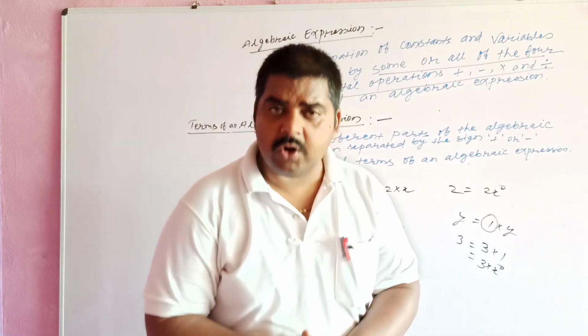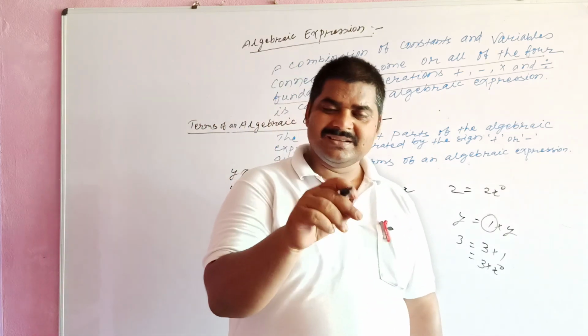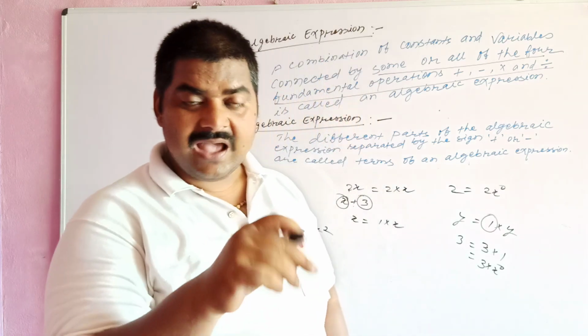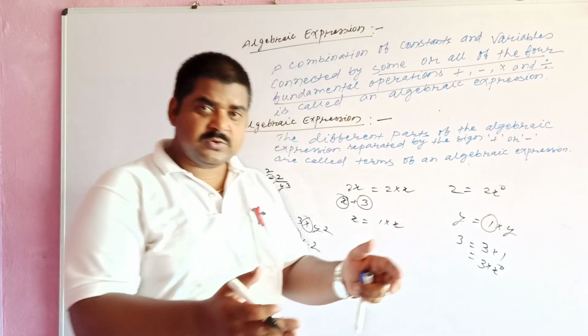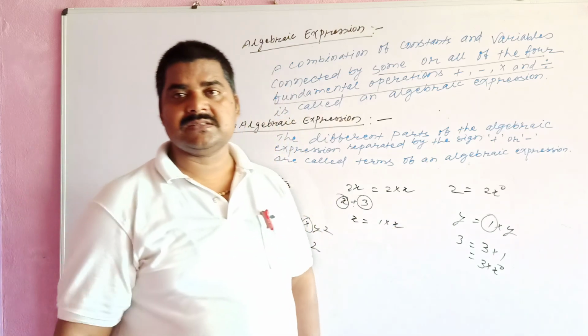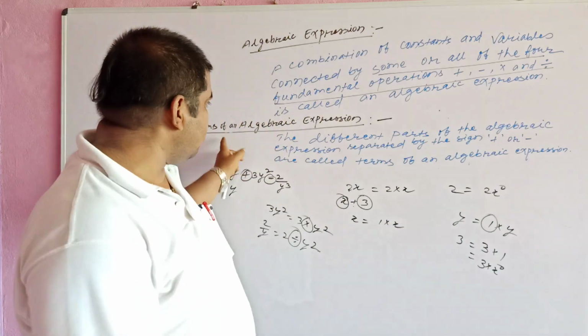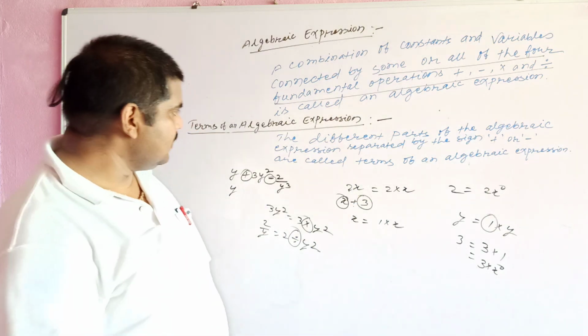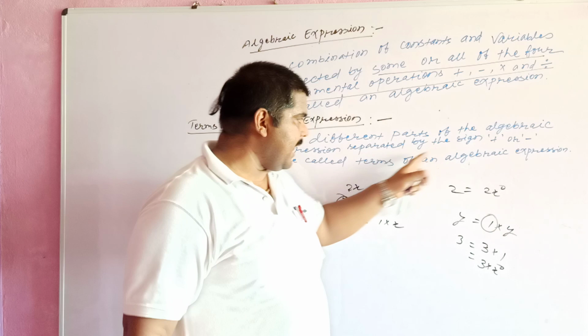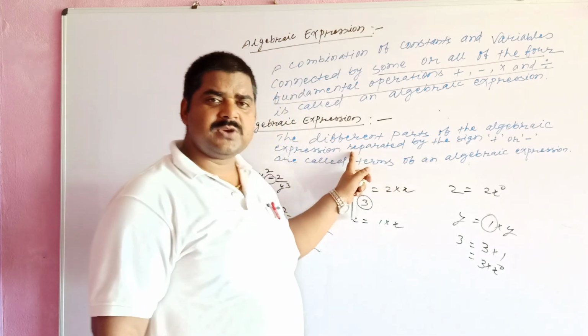Only count plus and minus, because you have to separate the parts. By the definition, the terms of an algebraic expression are the different parts of the expression.